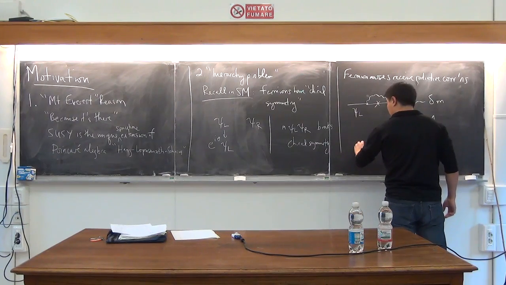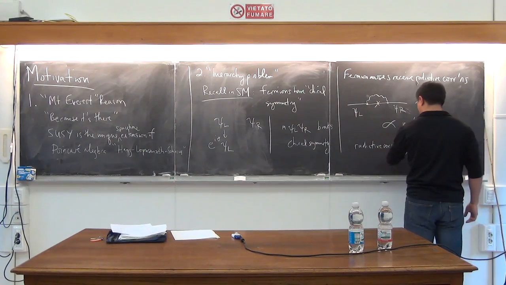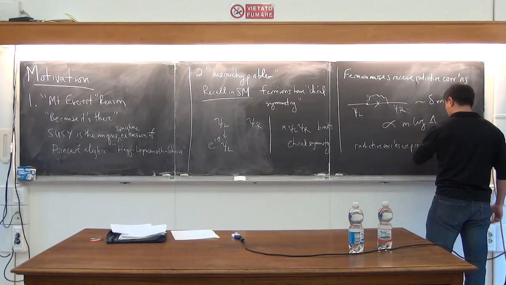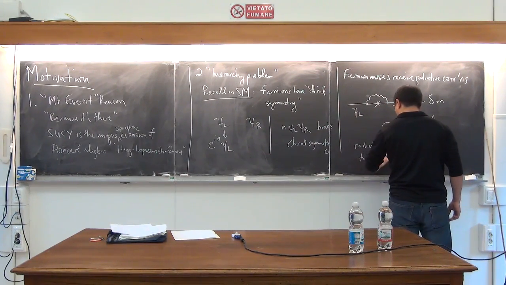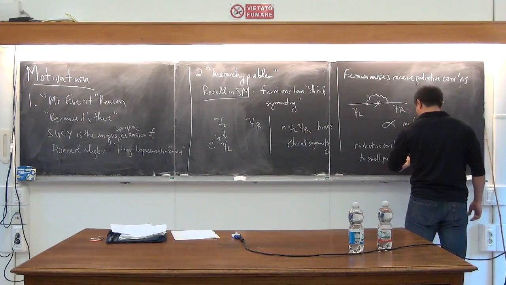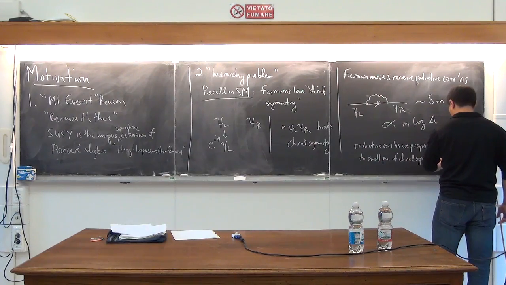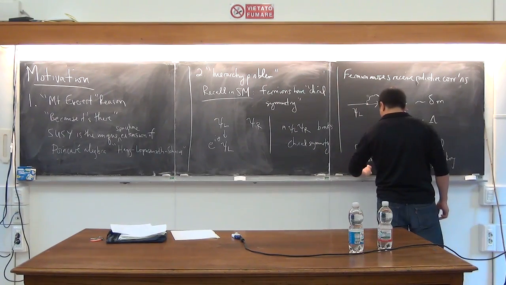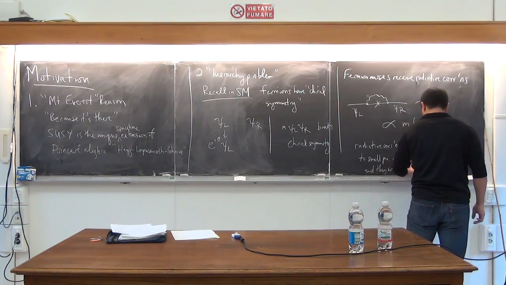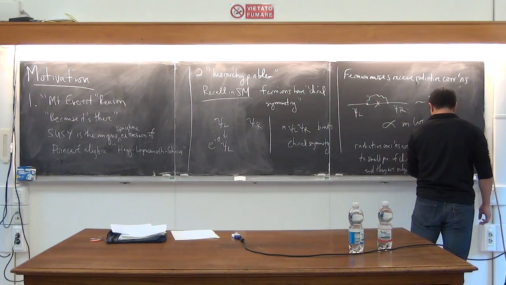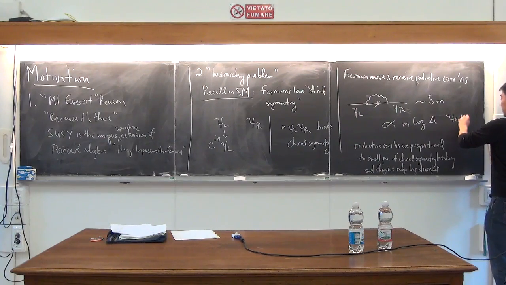Okay, so the radiative corrections are proportional to the small parameter of chiral symmetry breaking, and they are only log divergent. Okay? And so this is an example of something called technical naturalness.